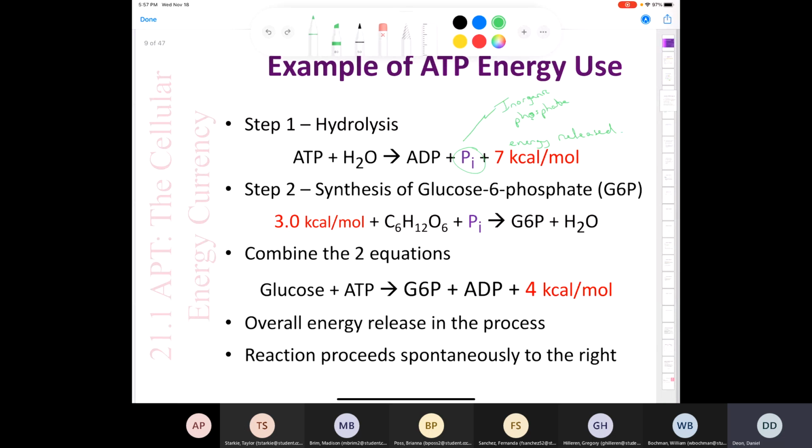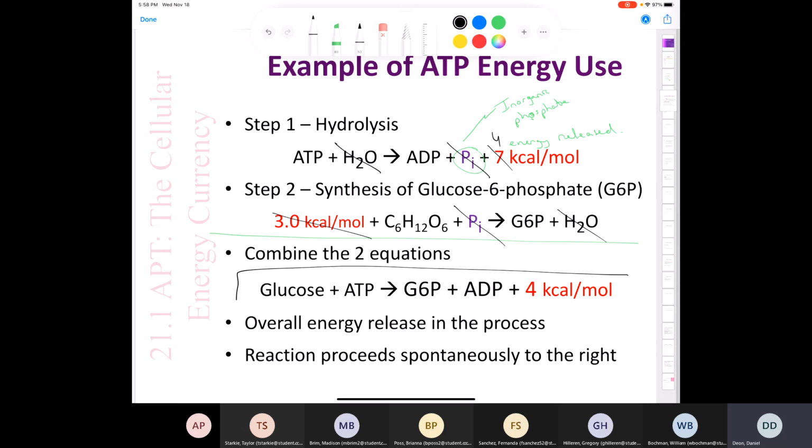So if we sum those two equations, if we add these two things up, if that's my equals line right there, what's the same on both sides? The inorganic phosphate is the same on both sides, right? The water is the same on both sides. And if I cancel this out, the 3 kilocalories per mole over here, 7 minus 3 gives me 4.